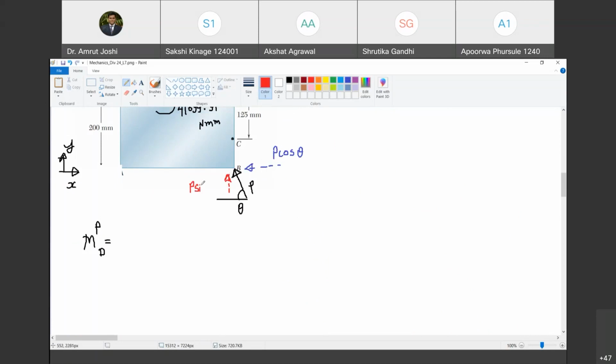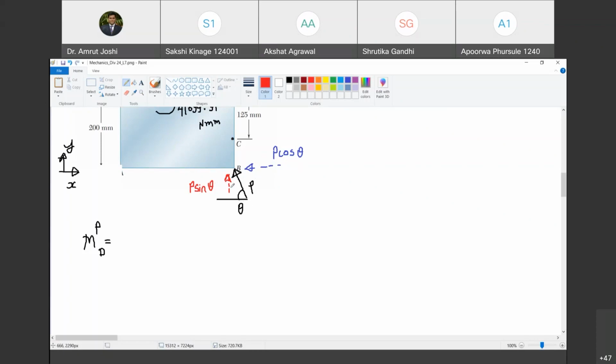Happy? Yes, sir. Why? Because the angle P makes with the horizontal, that is the x-axis, is theta. That component must be P cos theta. Happy? Yes, sir. And if you have to get P in this quadrant, then it is obvious that you need to have P cos theta and P sin theta oriented in this fashion.